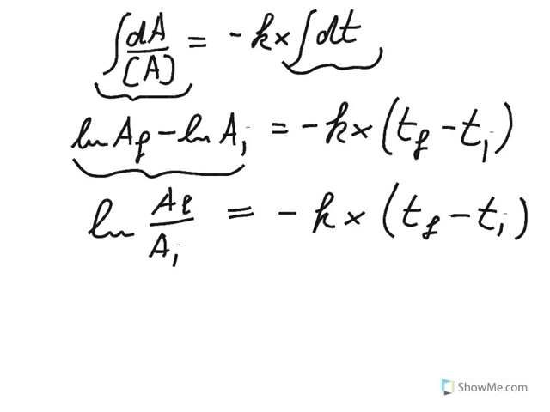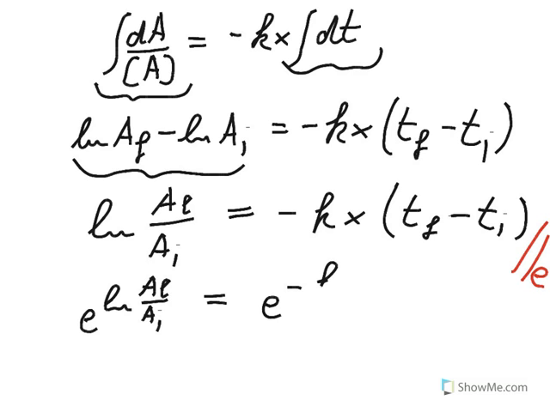Or if I don't want the ln here, I can take both sides to the power of e, and I'll indicate it like that. So I would get e to the power of ln of A final over A initial equals e to the power of minus k times (t final minus t initial).